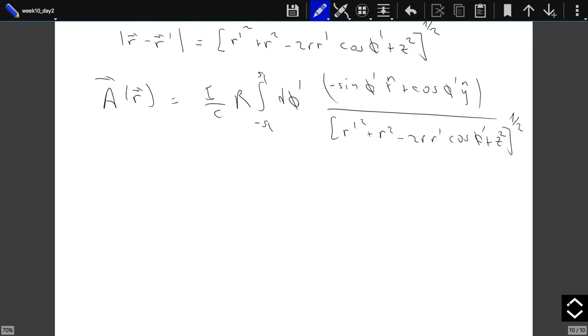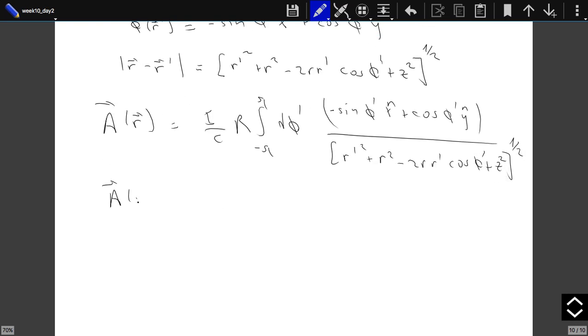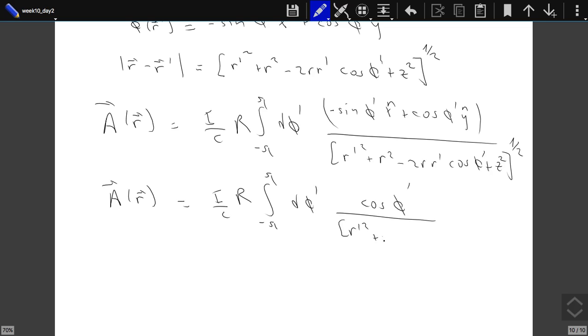So A of r is equal to I over C times r integral from minus pi to pi of d phi prime cosine phi prime divided by r prime squared plus r squared minus 2r r prime cosine phi prime plus z squared to the power 1/2, and this is in the y hat direction.